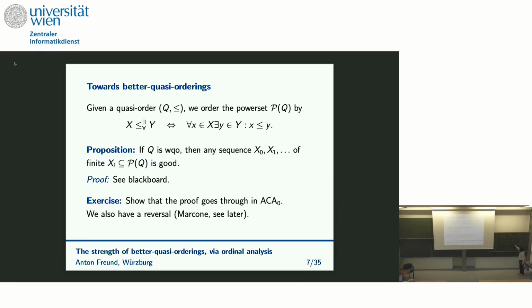So by passing to a subsequence of x1, x2, and so on, you keep the first x0, but you pass to a subsequence of the other ones.